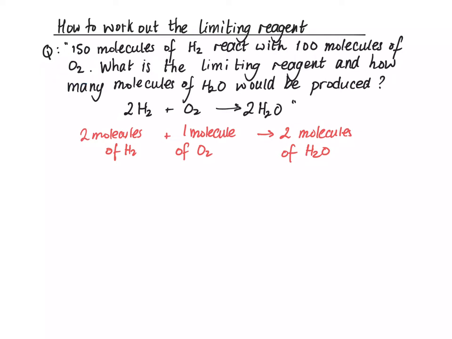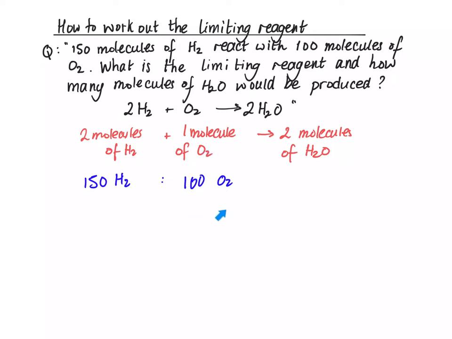So we have 100 molecules of oxygen and we have 150 molecules of hydrogen. Now, because the equation shows us that we should have a 2:1 ratio of hydrogen to oxygen, and we don't have a 2:1 ratio based on the information in the question, that means we don't have enough hydrogen.